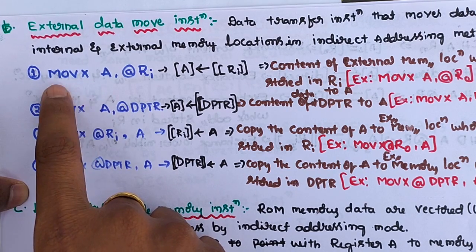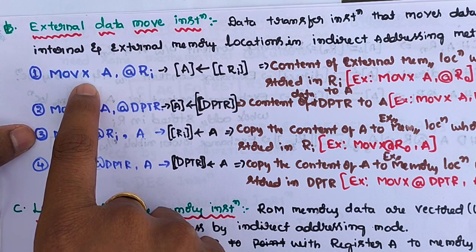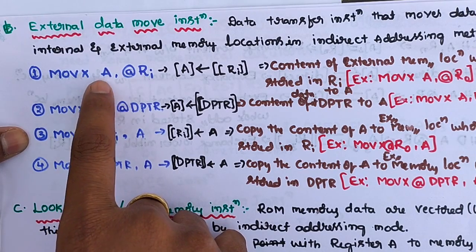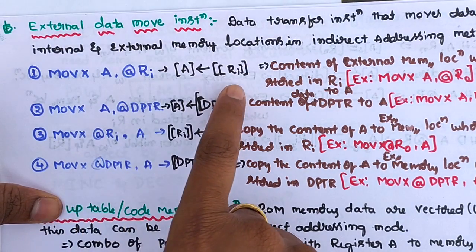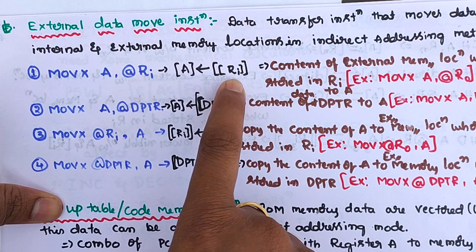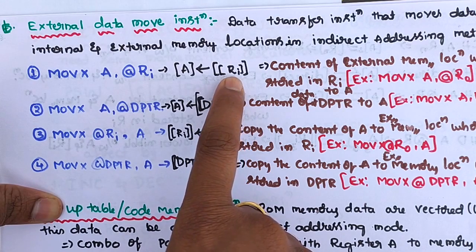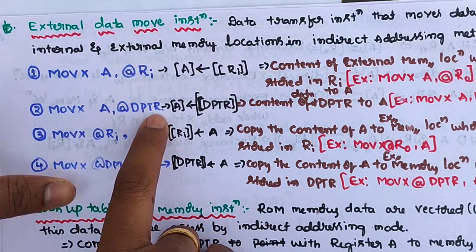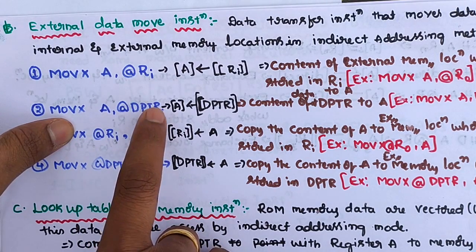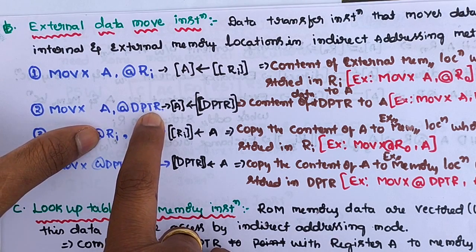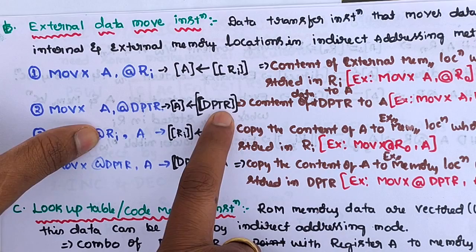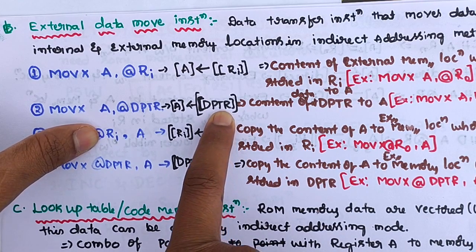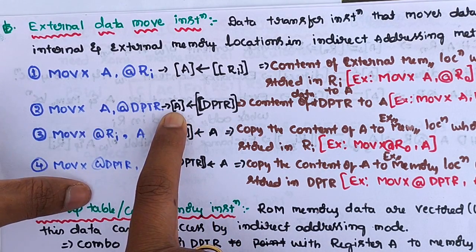MOVX indicates external memory transfers or copies. So MOVX A comma @Ri indicates that the content of the memory location pointed to by the register will be transferred to the accumulator. Similarly DPTR, we know, is used to address a 16-bit address, and that 16-bit address has some 8 bits of data in the external memory location. That external memory location content will be transferred to the accumulator.